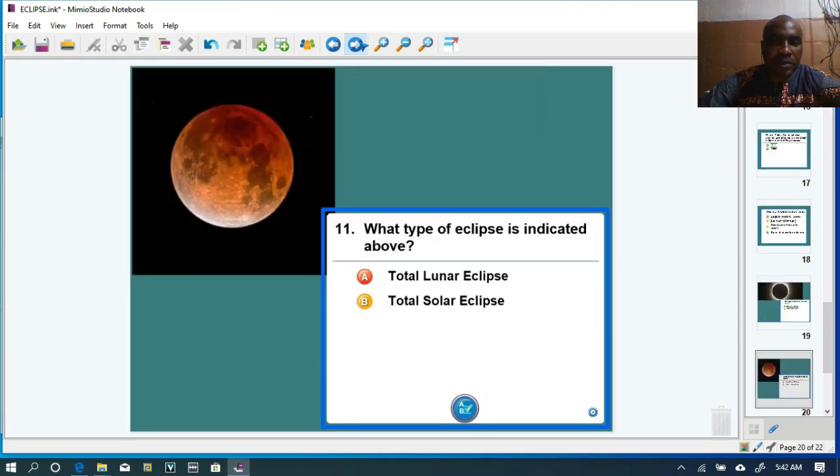Question number 11. What type of eclipse is initiated when the earth completely blocked the rays of sunlight from reaching the moon? The correct option is option A, total lunar eclipse.